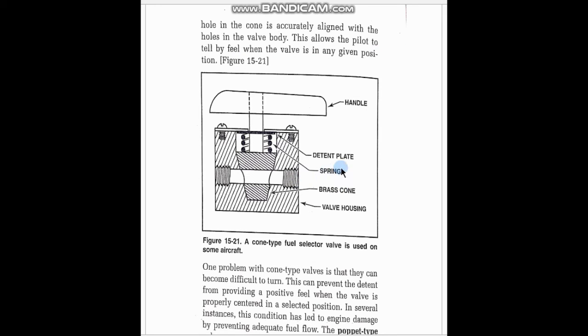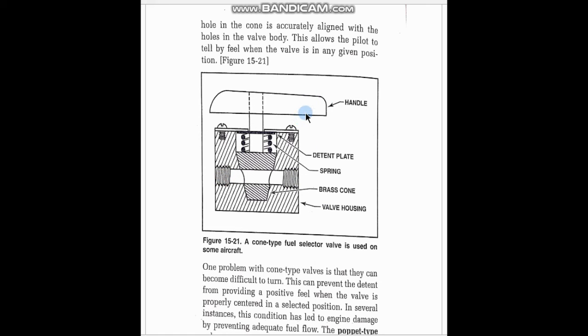Here we have this figure. This is our cone type. Here we have the construction: handle, detent plate, spring, brass cone, and valve housing. Here we have the inlet and here the outlet.